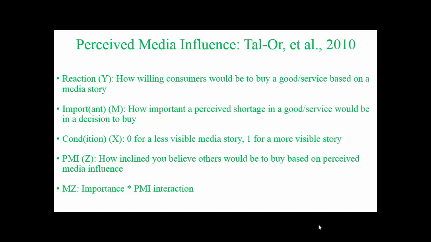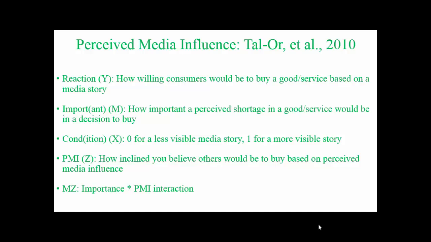So this was an experiment by which people were randomly assigned to condition 0, which was a less visible media story on this particular good or service, and 1 is for a more visible story. So think about seeing it on page 1 of the newspaper versus page 8 or 10, somewhere in the back.